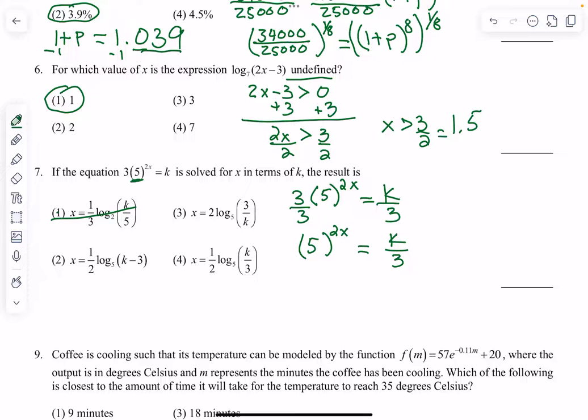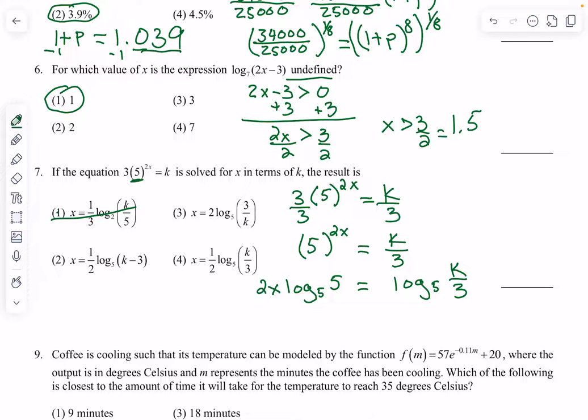Okay, now we're going to take log of both sides. So the exponent goes in front. 2x log base 5 of 5 is equal to log base 5 of k over 3.